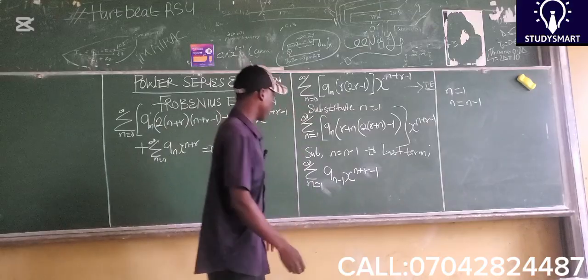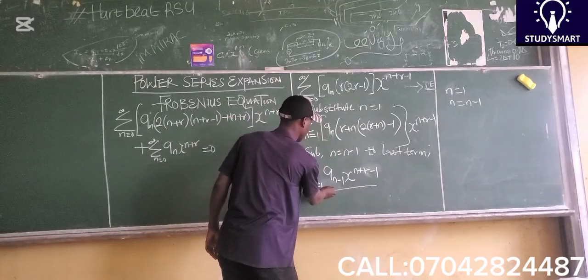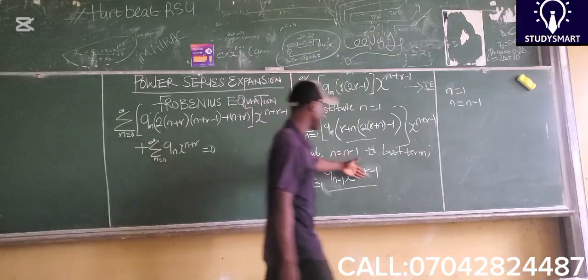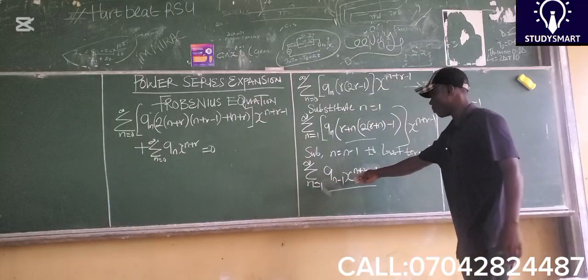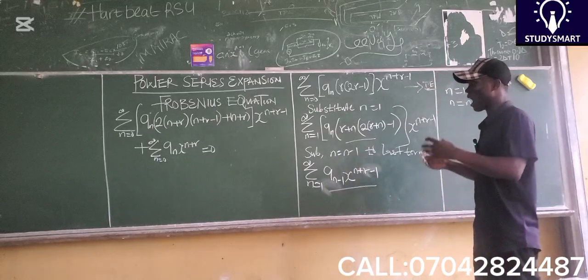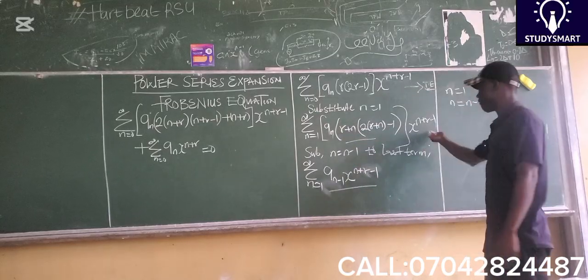So if you check very well, this term here and this term here have the same summation and the same powers. It means that I'm going to add them, then factor out the summation and factor out this.